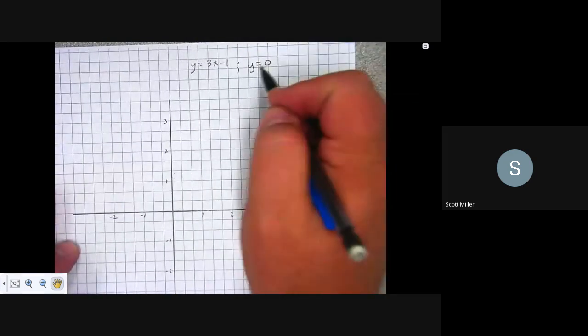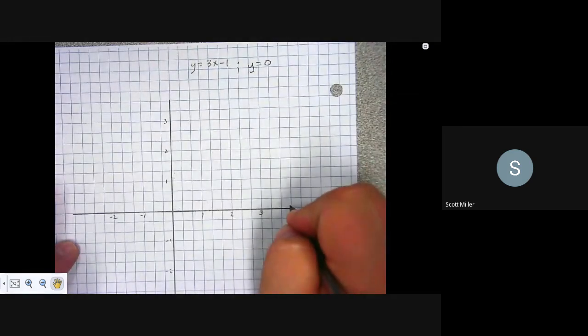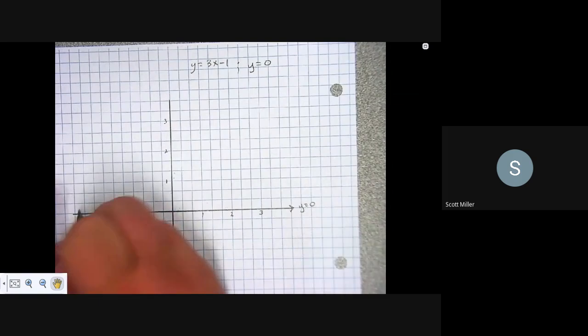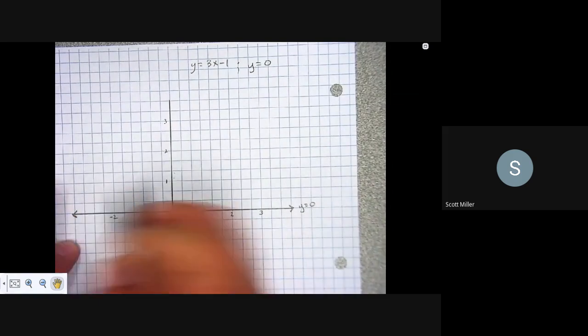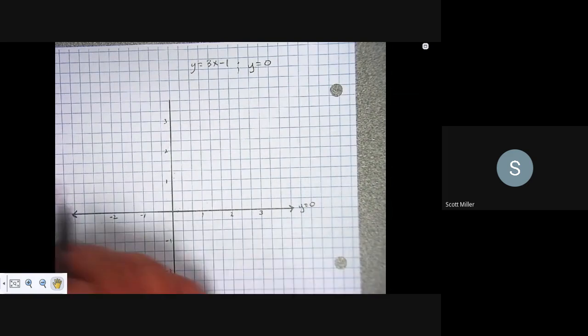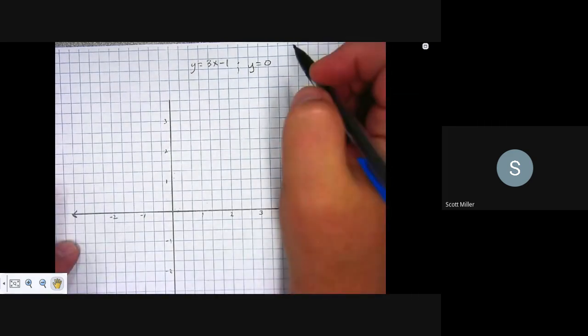You can make a table for each one. The first one here is the x-axis. The x-axis is the line y equals 0, because this is where the y values are 0. So there is one of our lines right there. Now we need to do the other line. You can use any technique that you want.